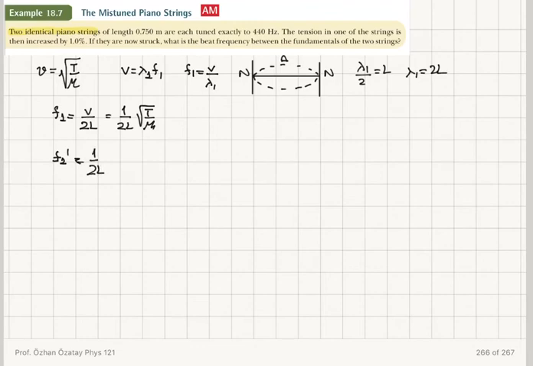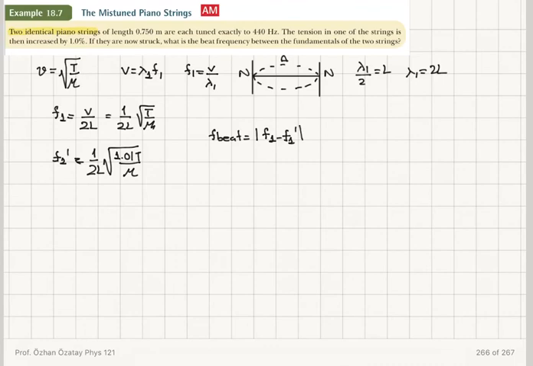I'm changing the fundamental frequency in one of them so that it's going to become 1 over 2L times square root of 1.01 T divided by mu, because it's increased by 1%. Okay, and when they interfere, I'm going to have a beat frequency.